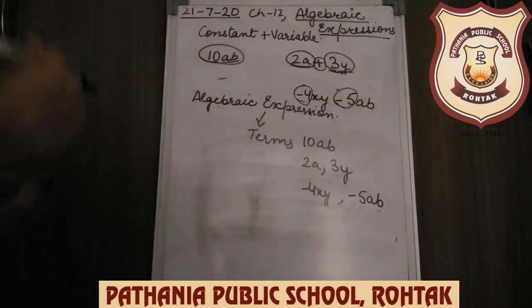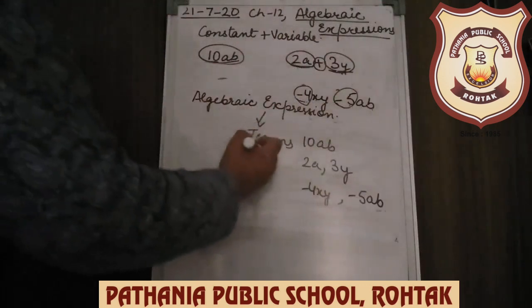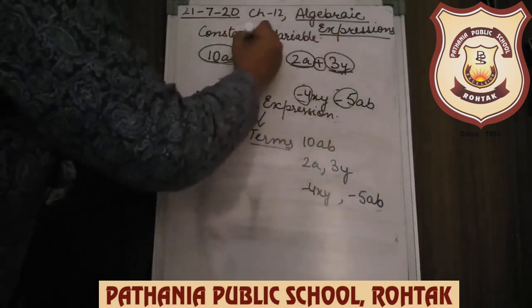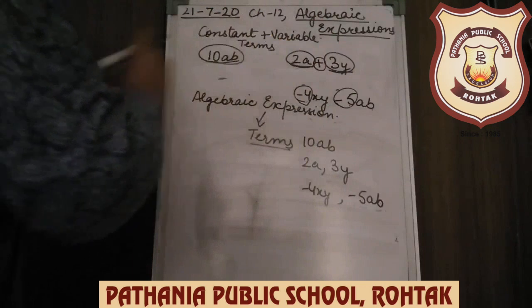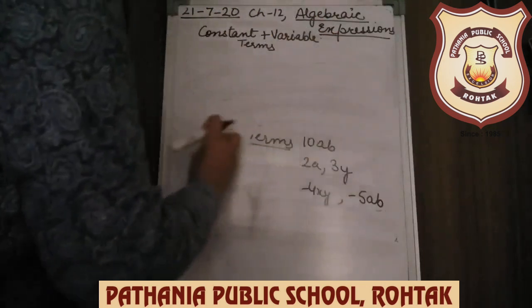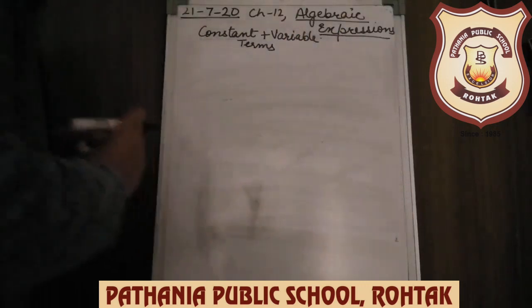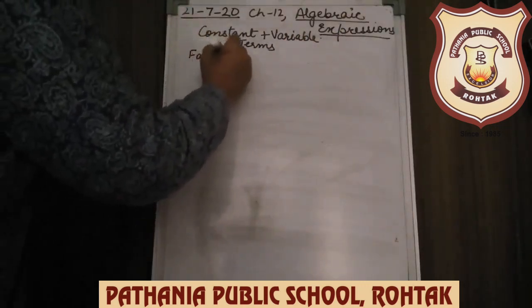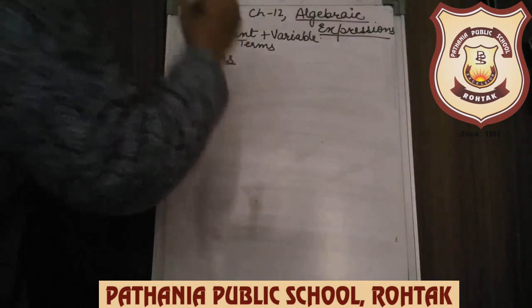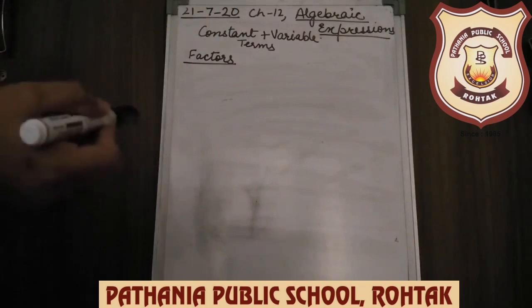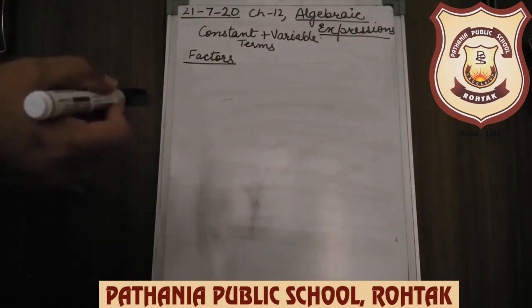Now we'll study about the factors. So you have learnt constant, variable, terms, and then we will study about factors. Here also we will write the factors for the expression as we were writing for composite numbers and prime numbers.